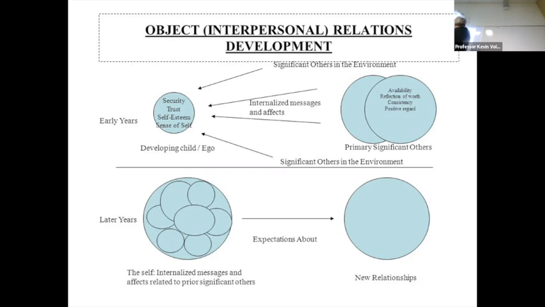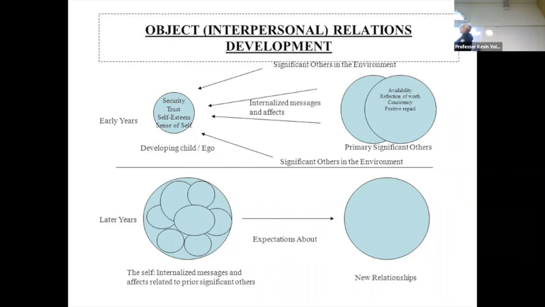Here, and this is the early years and the later years, the self-image has internalized messages, affects related to prior significant others, all put together, hopefully for the old person, put together nice and ambivalently. And this generates expectations about relationships with people in the outside world.